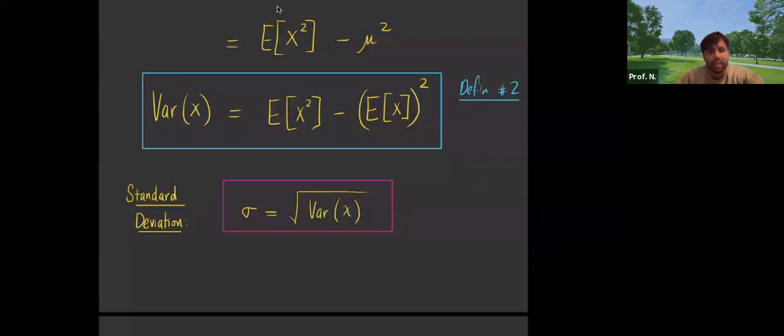If you know the variance of a random variable, you just have to take the square root of that number, and that gives you the standard deviation. And again, the standard deviation and the variance represent the same kind of measure. It's just that by taking the square root we define it to be the standard deviation.